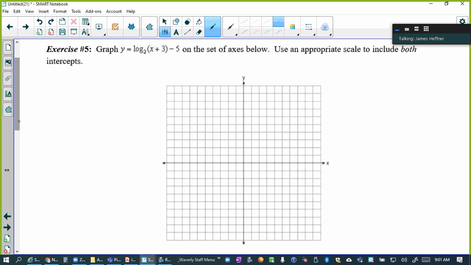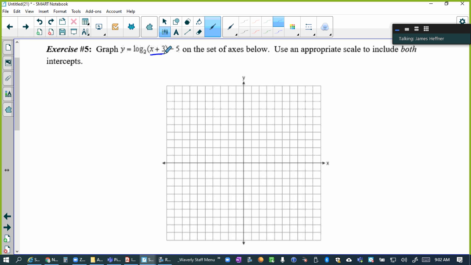Can anybody tell me where the asymptote line would lie? What value of x would stop making sense for this function? X of negative 3, right? Because what's negative 3 plus 3? 0, right?